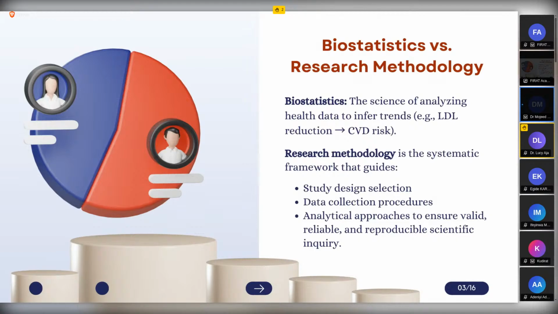Now, with regard to research methodology, it is the systematic framework that will guide you in selecting your study design. So research methodology will allow you to know what is the appropriate study design that you are going to use.